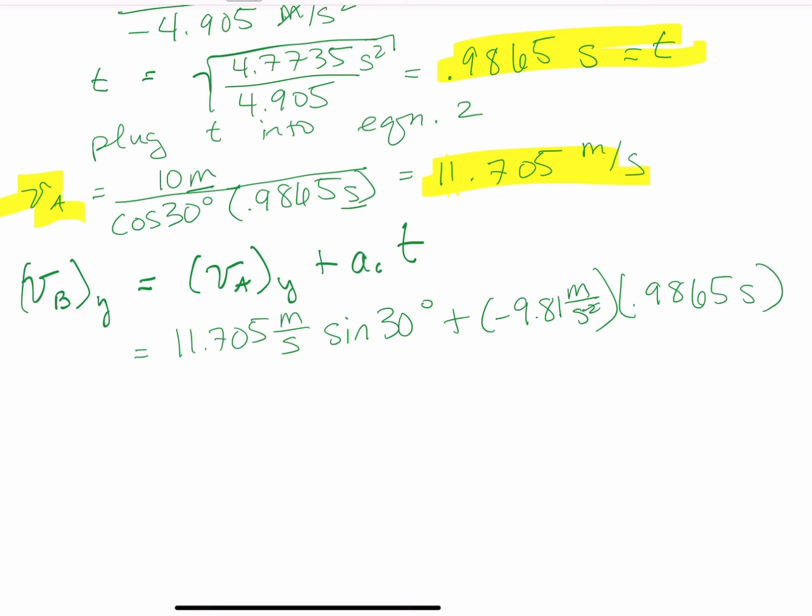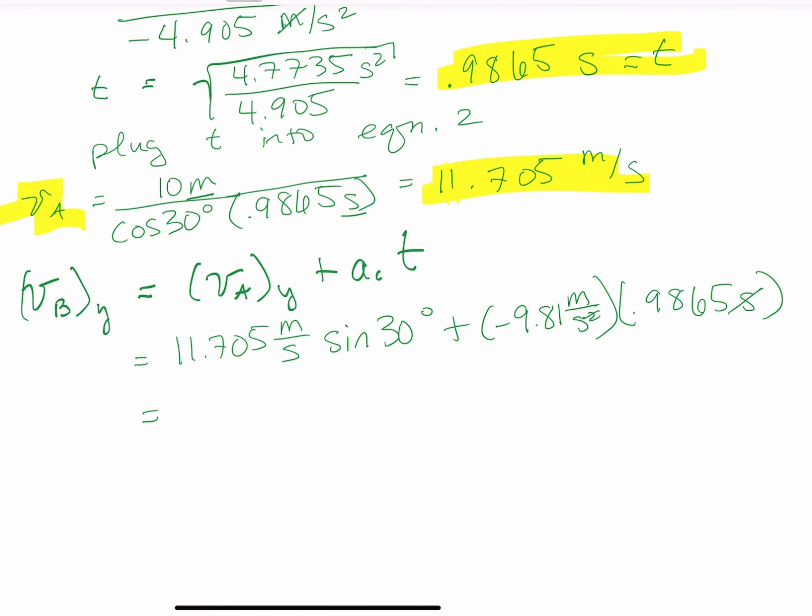So the seconds cancel out, so we get meters per second for both of those. Just calculate it out. I get negative 3.825 meters per second, which makes sense. So it should be going down in the y direction.